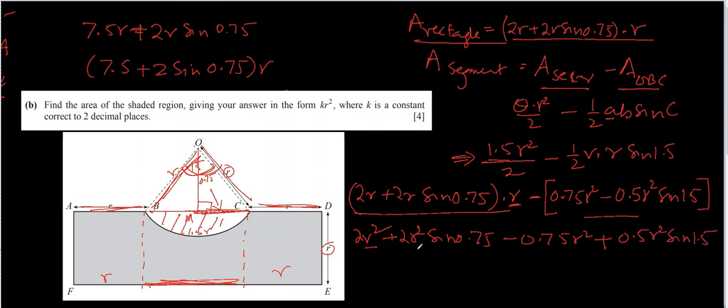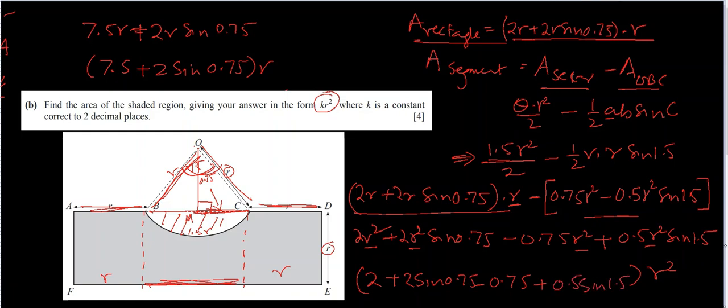Okay, all of them have r square. Can you see? r square, and r square, r square. So I'll take r square out because in the final answer they're saying prove it is in the format of k r square. So whatever we get in the bracket before that will be k. So we are left with 2, then 2 sine 0.75 minus 0.75 only, and then plus 0.5 sine 1.5.